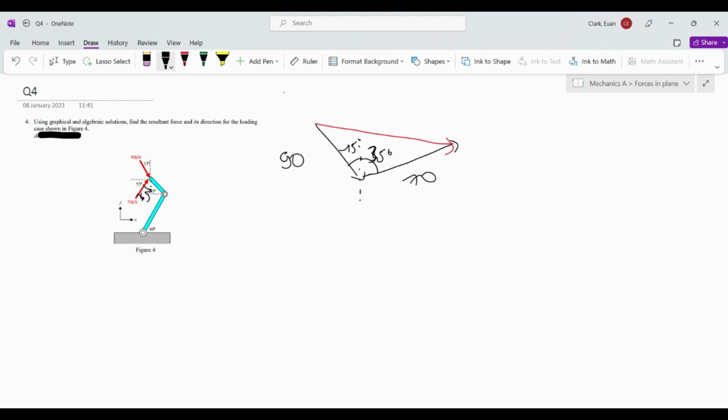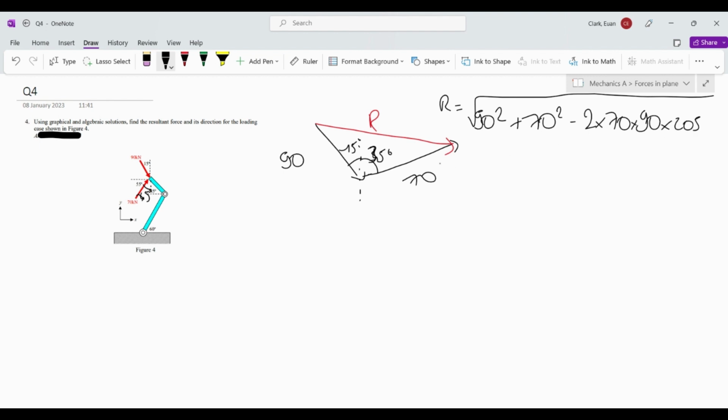And we just add R here so it's a bit more comprehensible. There we go. So if we do the formula again, R equals that massive bracket of F1. So let's just say it's 90 plus 70 squared minus 2 times 70 times 90 times cosine, and then 35 plus 15 is 50.